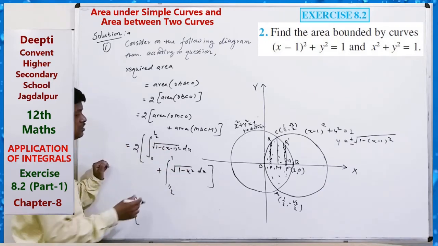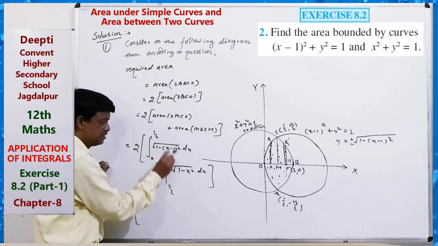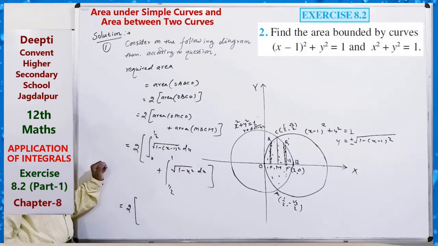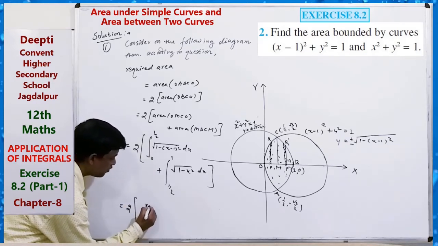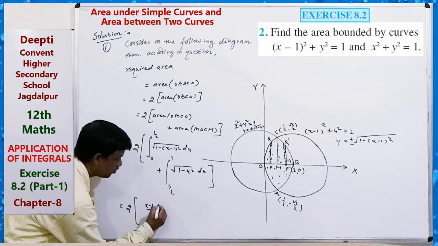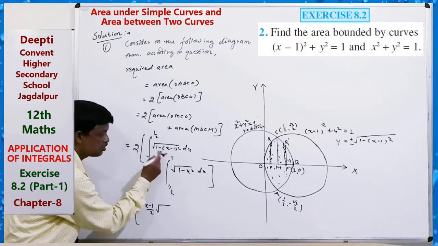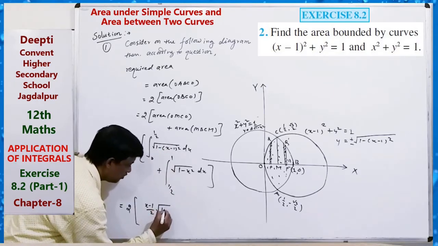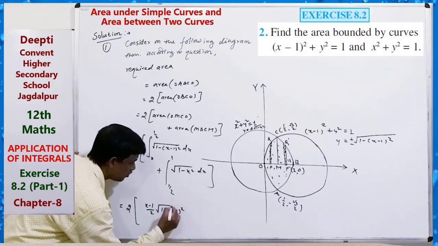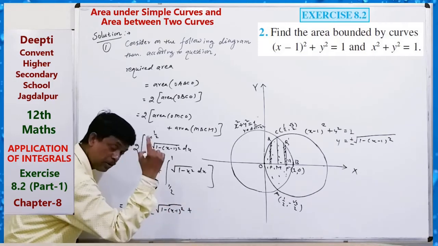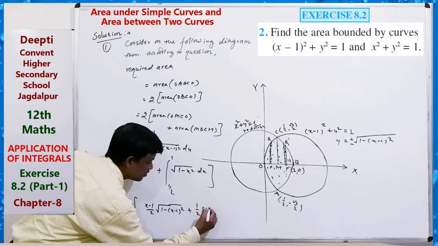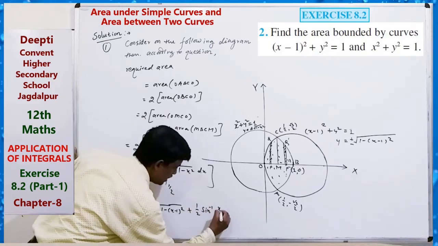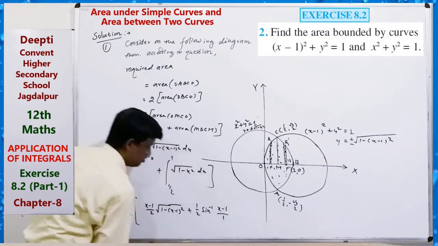So you can use it directly, treating this as x, and this is also 1 minus x square. So its formula will be x by 2, where x means x minus 1, root of 1 minus x minus 1 square, plus a square by 2, sin inverse x by a, where x minus 1 by a means 1.